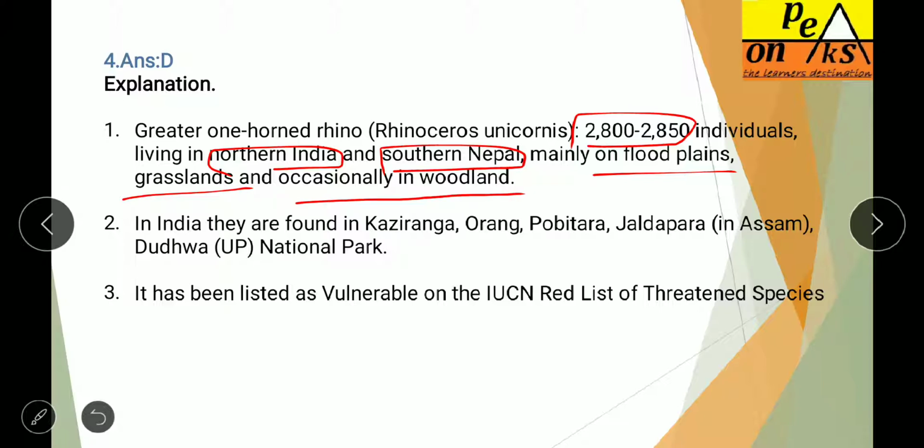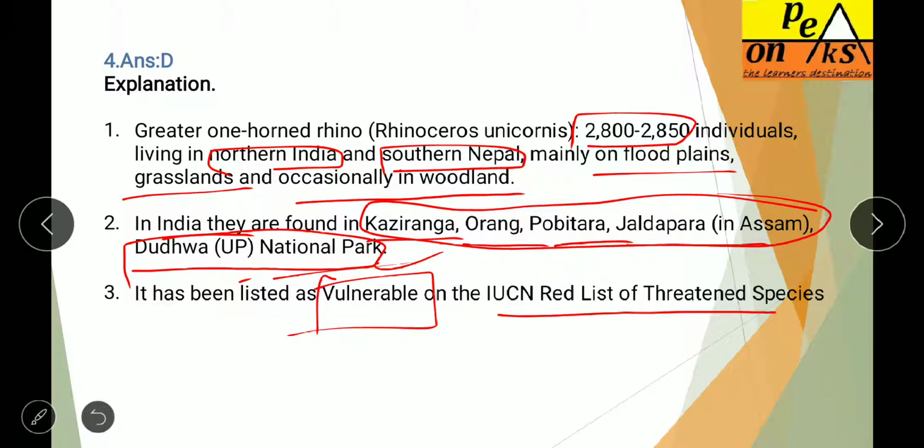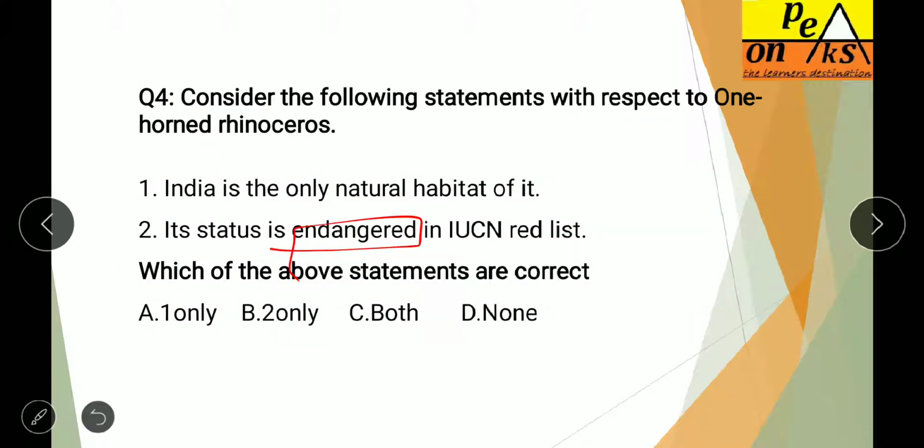In India they are found in Kaziranga, Orang, Pabitora and Jaldapara in Assam, which are Assam national parks, and Dudhwa in UP. It has been listed as vulnerable on the IUCN Red List of threatened species, not endangered. That's why the second statement is also wrong.